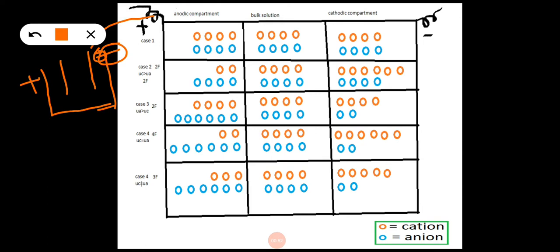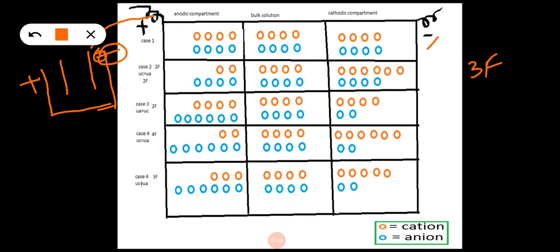Now suppose 3 Faraday of current is passed through this electrolytic cell and this copper voltmeter. We know that when 3 Faraday of current is passed through different electrolytic solutions, 3 equivalent weights of substances will be deposited.